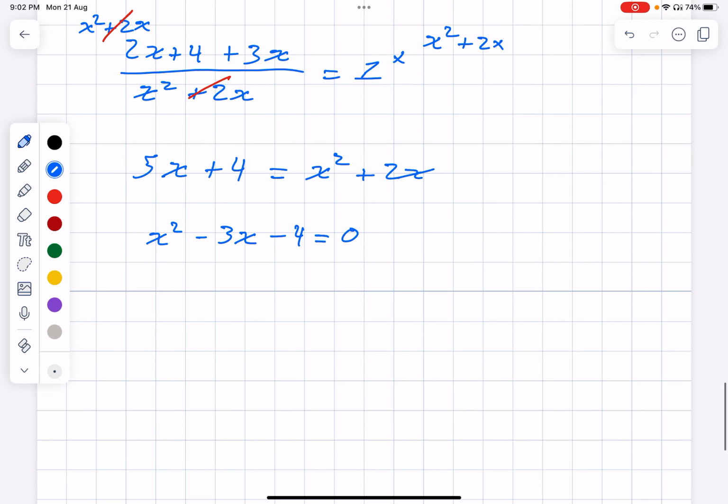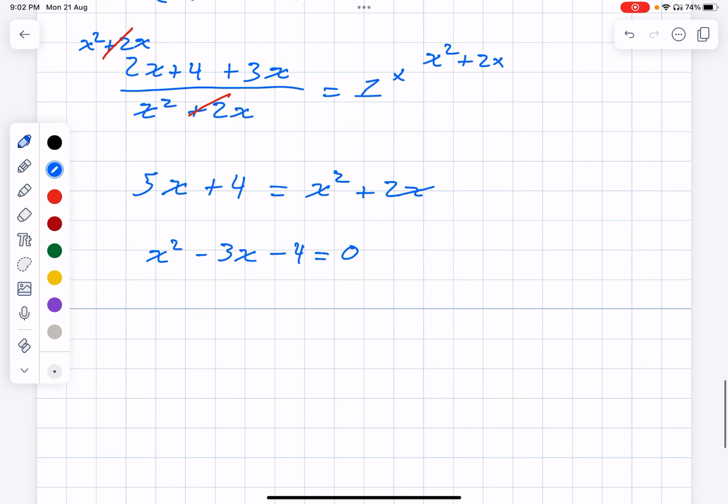Now you can plug in these numbers immediately in the calculator, as this will save you time. Mode 5, 3, you can put 1 as A, negative 3 as B, and negative 4 as C. But let's go with the quadratic formula for now.